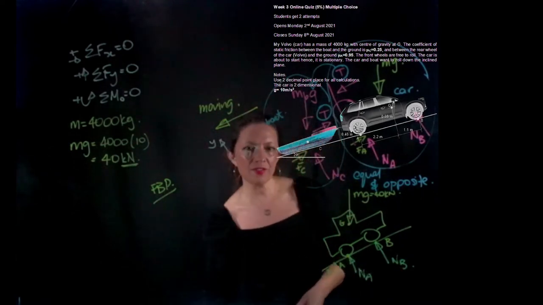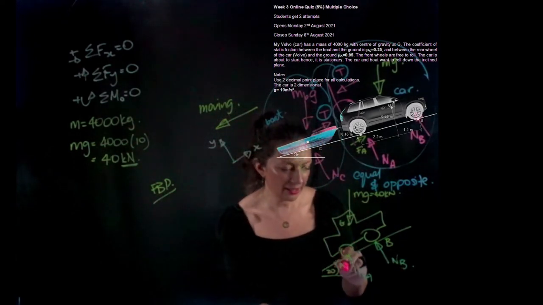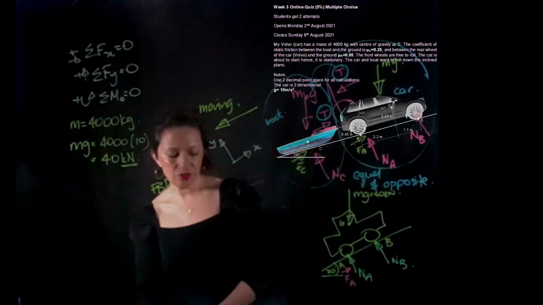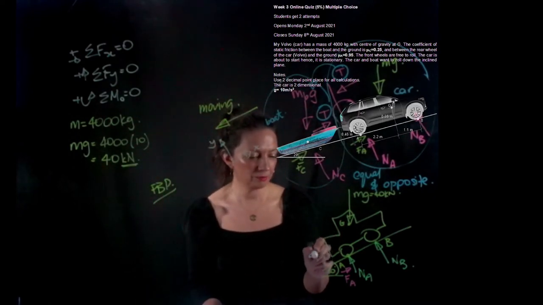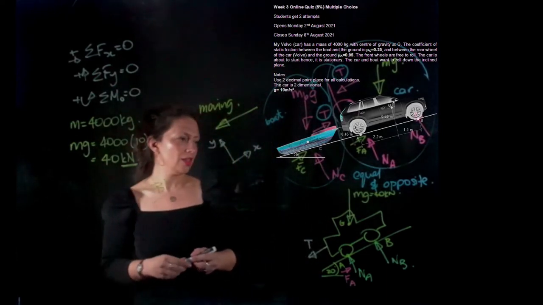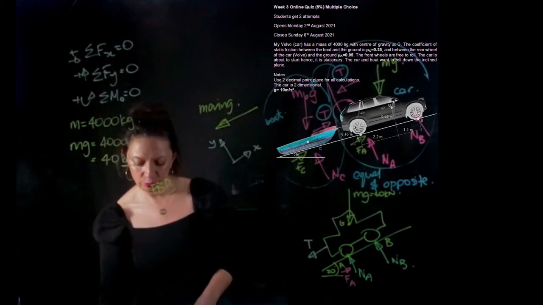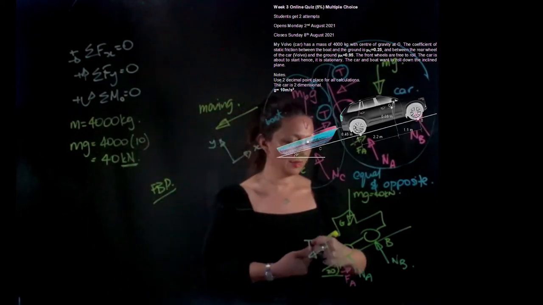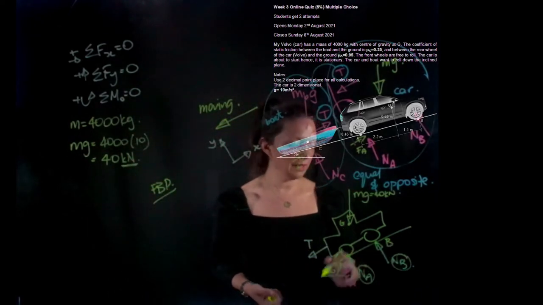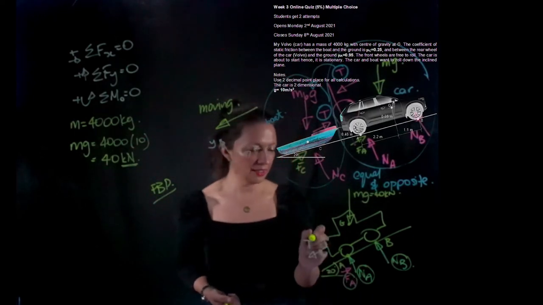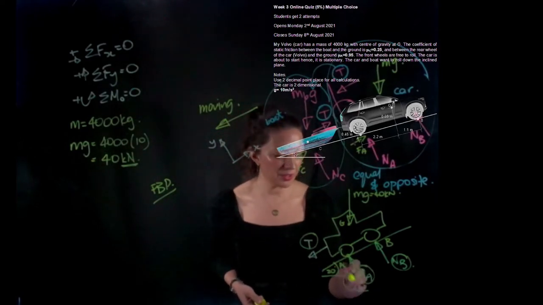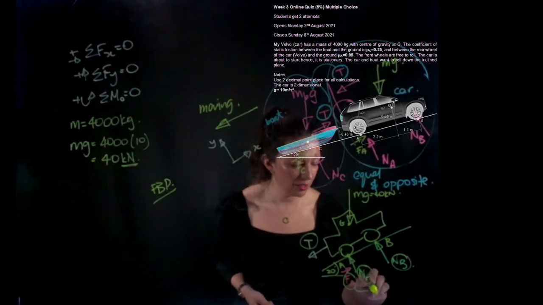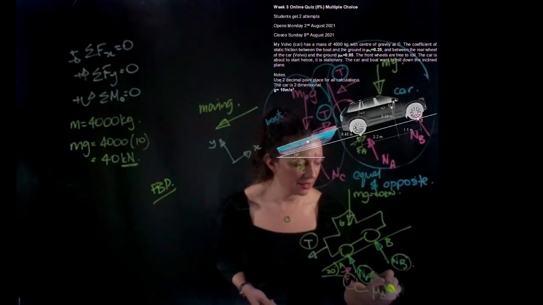And I also have friction at A. The last thing I need to include in this question is the tension in the cable, T. So now I need to solve for NA, NB, FA, and T. We actually have three unknowns because FA is going to equal mu A times NA.